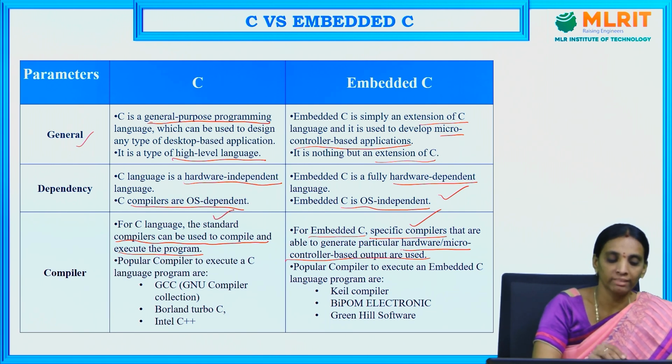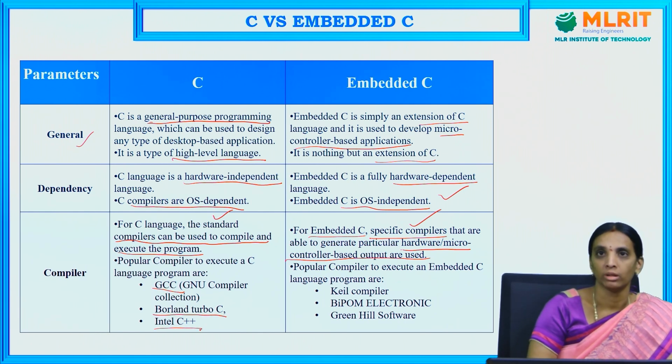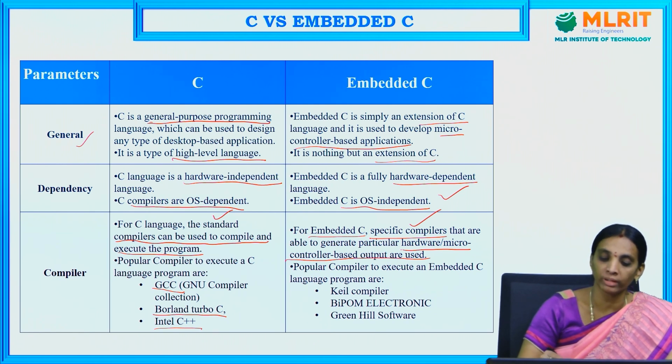Here we can use the standard compilers. The popular compilers used for C programming are GCC, Borland Turbo C, Intel C++. The compilers developed for embedded C are Keil compiler, Bipom electronic compiler, Green Hills software.